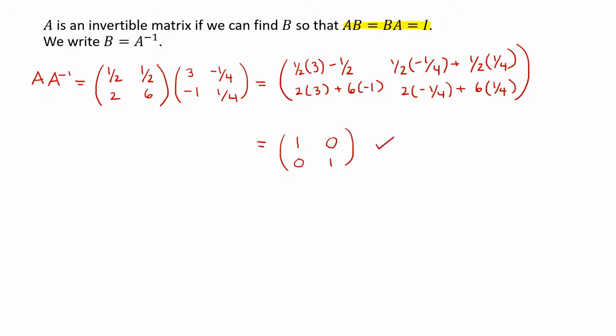All right, we got the identity. And I'll leave it to you to check whether or not A inverse times A is equal to the identity. It's going to turn out that if one of these pairs gives us the identity, so will the other one. Great.